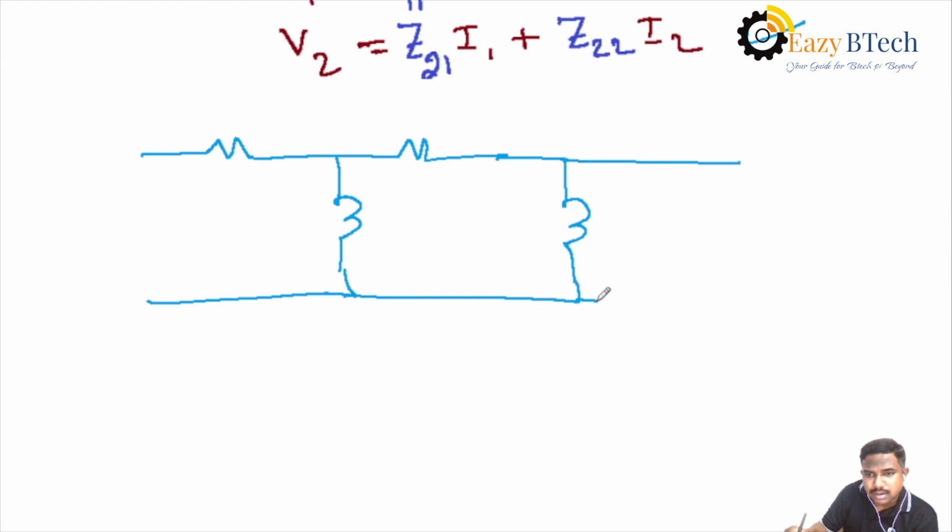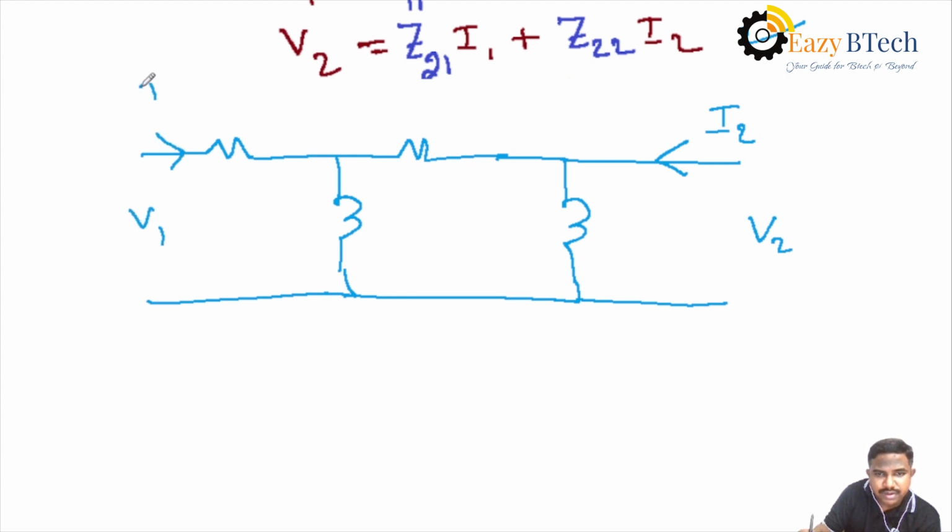Here the two port, that is V2, for V2 the current is I2, and this is V1, for V1 the current is I1. Here the element value is given as 1 ohm. That's why for resistance, applying Laplace transformation, it is R, that's why 1. For inductance, applying Laplace transformation, it is S into L. In the circuit, the L value is 1.